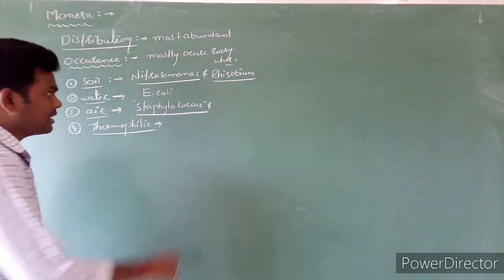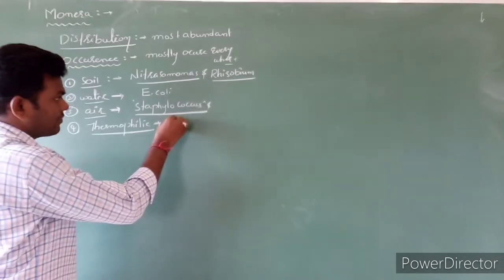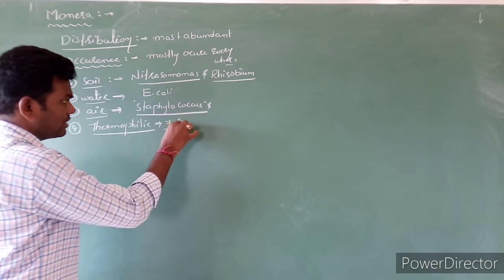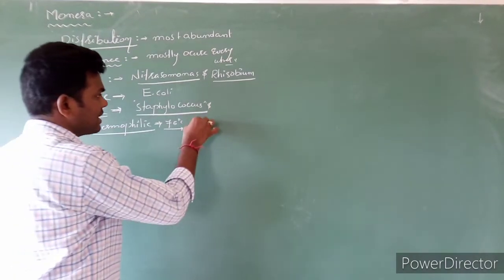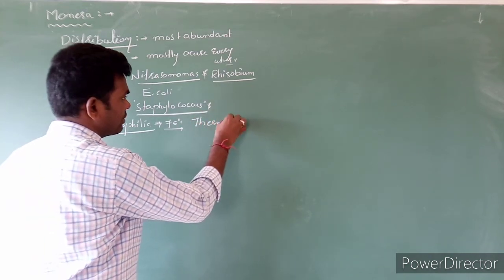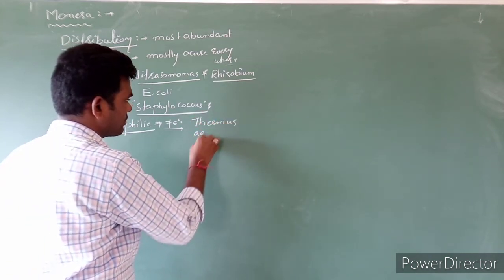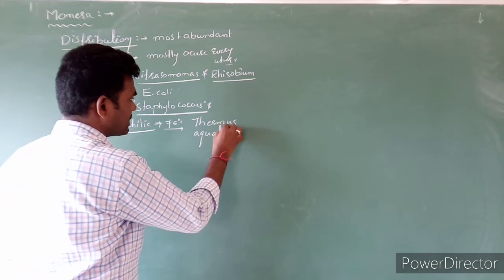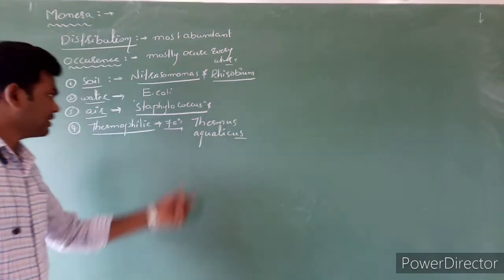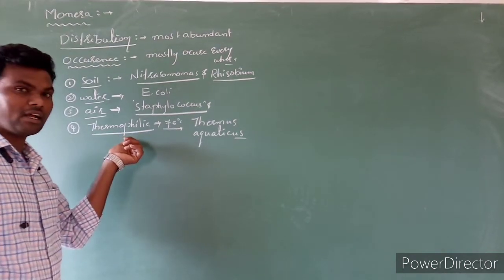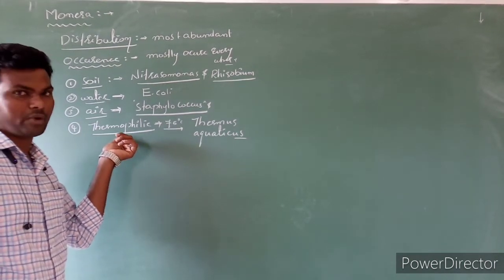They can tolerate nearly 75 degrees Celsius temperature. An example is Thermus aquaticus. It is a thermophilic bacterium that can tolerate high temperature.